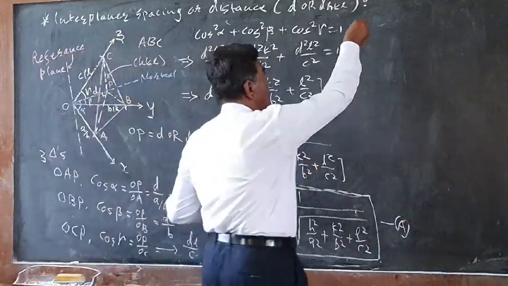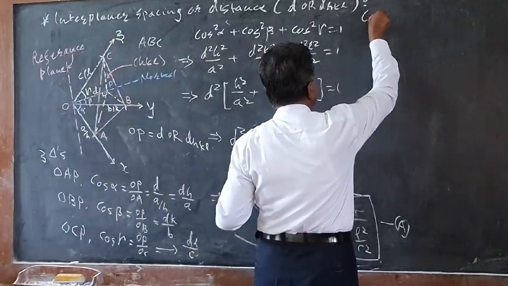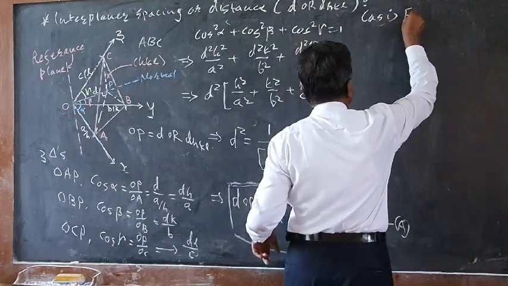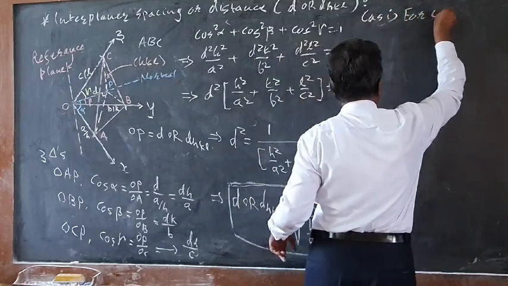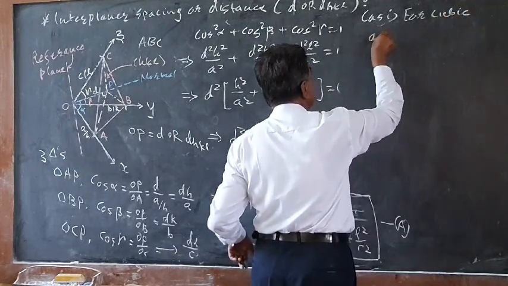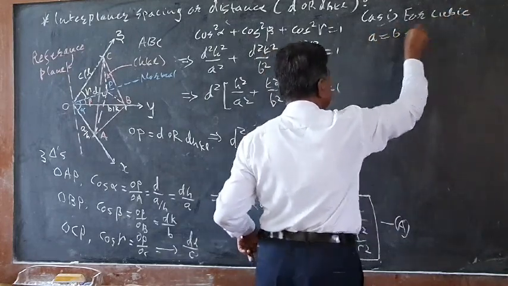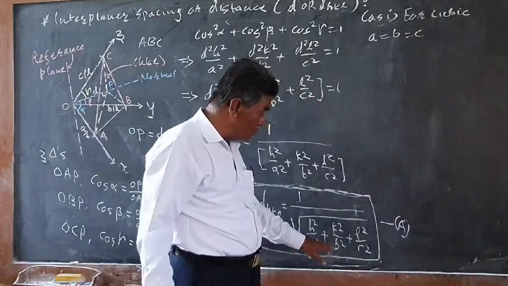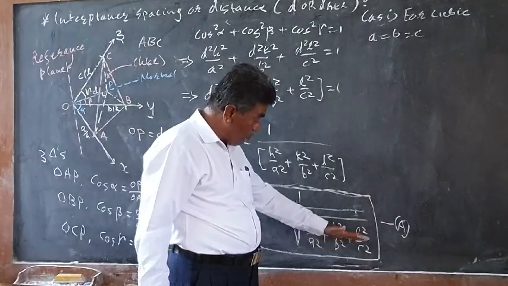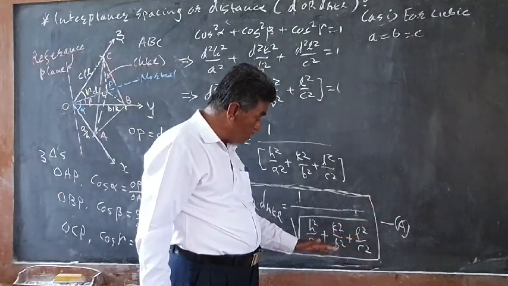Now, case 1, for the cubic crystal. For a cubic crystal, we know a is equal to b is equal to c. So we put a square, a square, a square, take it as a common denominator, and a comes out of the square root.